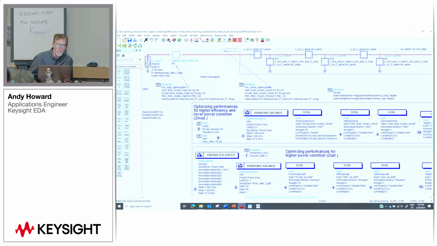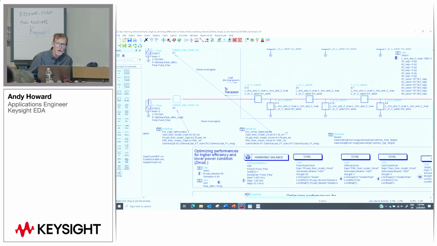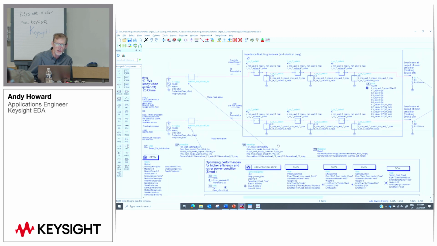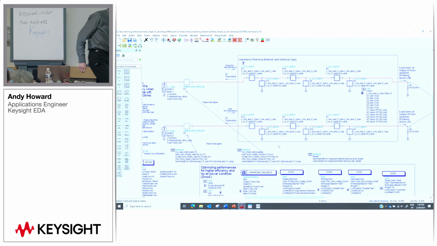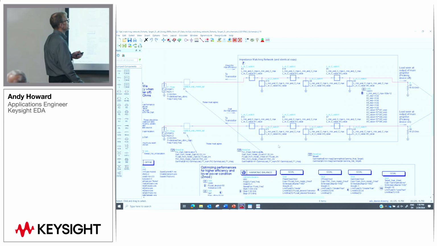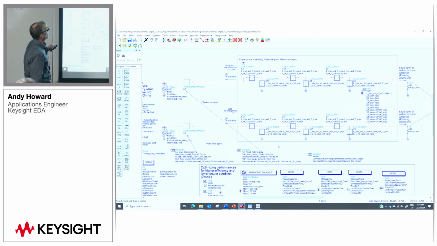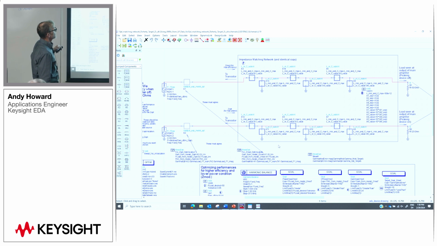And so basically what happens is, at each optimization iteration, we get a Z-mod impedance and a Z-opt impedance. And based on those values, the ANN model senses those impedances, interpolates the data, and also does an optimization of the source power.